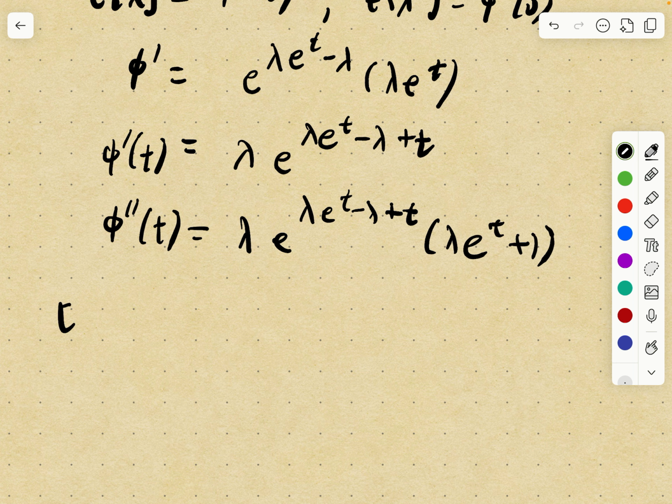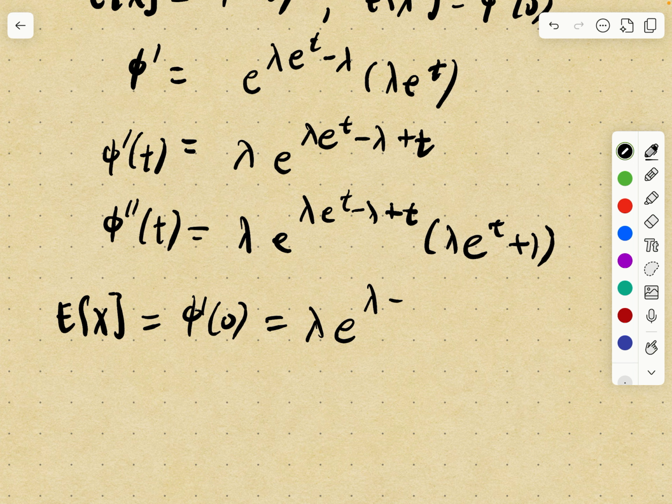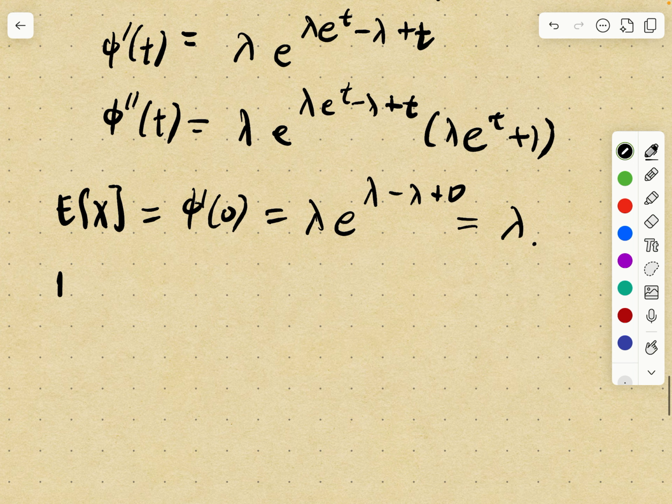So now we can calculate the expectation of X. You just plug in 0 into your function for phi prime, and you're going to get lambda times e to the lambda minus lambda plus 0. So that's just lambda. And then the expectation of X squared is what you get when you plug in 0 into the second derivative.